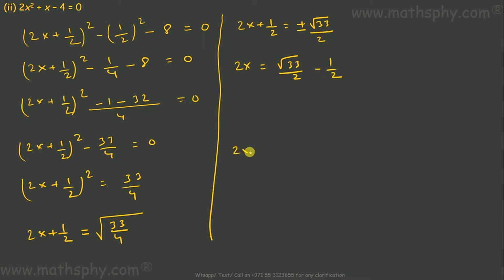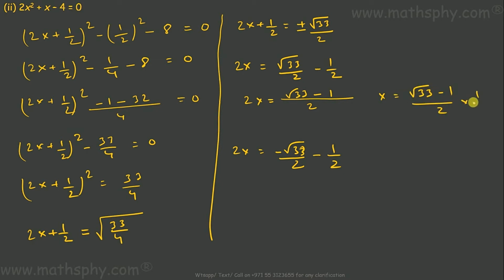And 2x would be minus root 33 over 2 minus 1 over 2. So, x would be root 33 minus 1 into 1 over 2. I can write this as negative 1 plus root 33 over 4 also. There's no harm in there. And this will be negative root 33 minus 1 over 4.